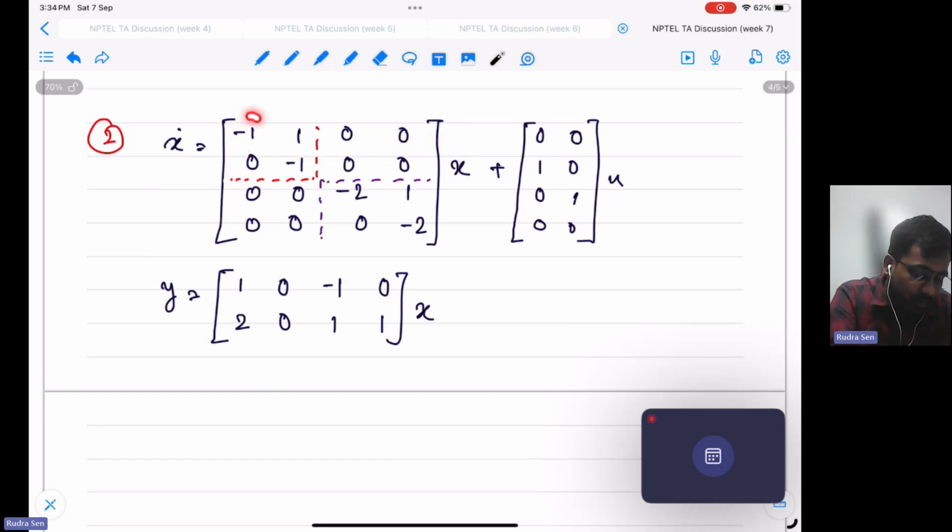With respect to this term, we have to check whether this first column is non-zero or not. In that case, this is non-zero. So that means the system is observable.